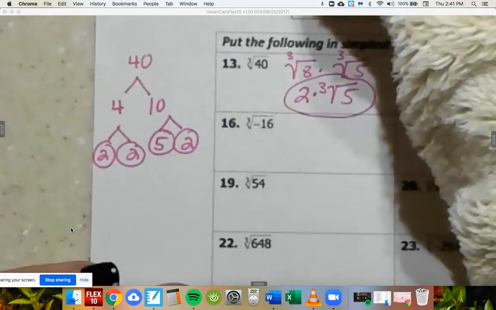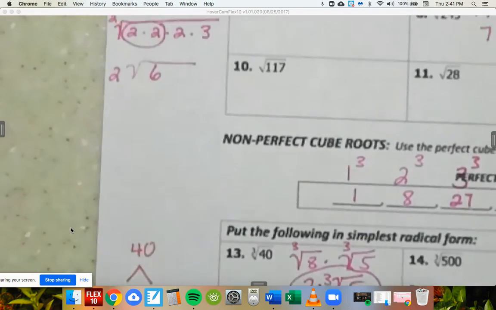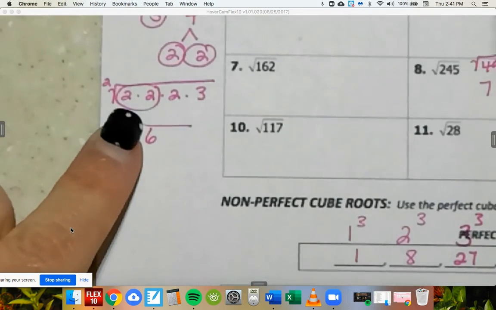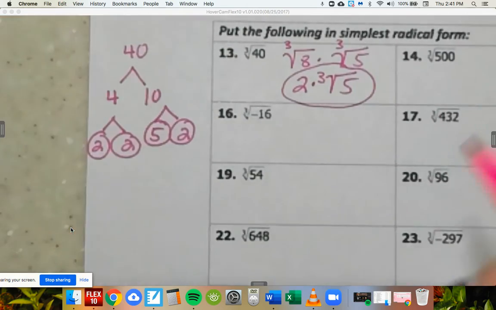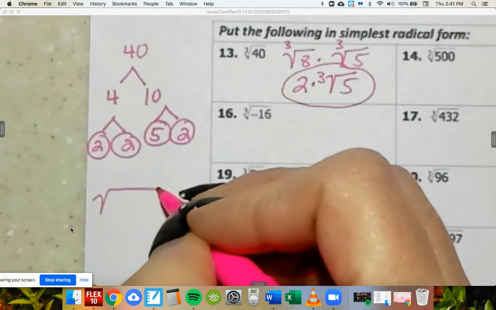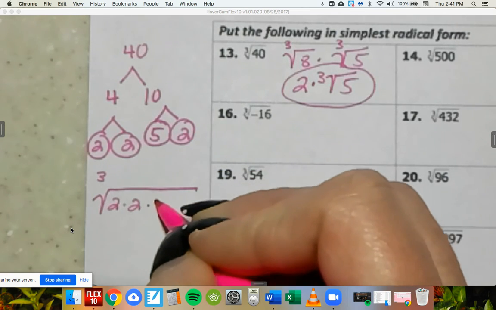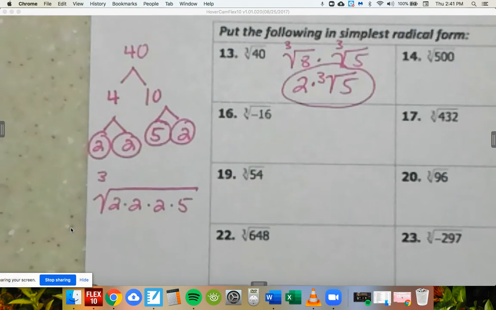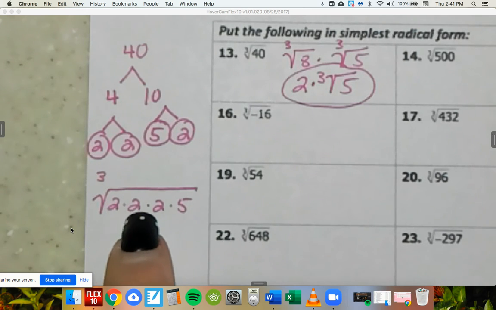Check this out. When you're doing cube roots, instead of looking for pairs of numbers, like we were looking for pairs of numbers for square roots, for cube roots, you can look for triplets. So we're going to find the cube root of 2, 2, 2, and 5. Because it's a cube root, you need not a pair of numbers, but a triplet of numbers.